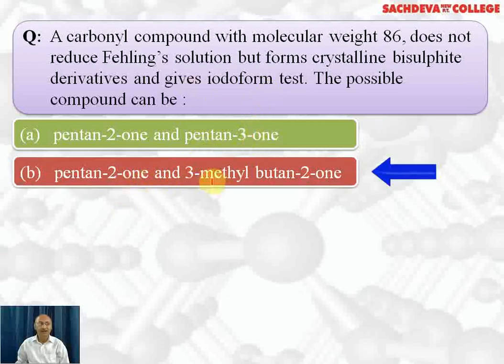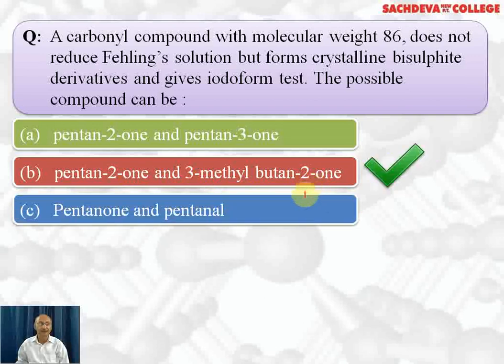Pentan-2-one and 3-methylbutan-2-one are both possible, because each will give the iodoform test, form a crystalline bisulfite derivative, and not react with Fehling solution. So the correct answer is B.